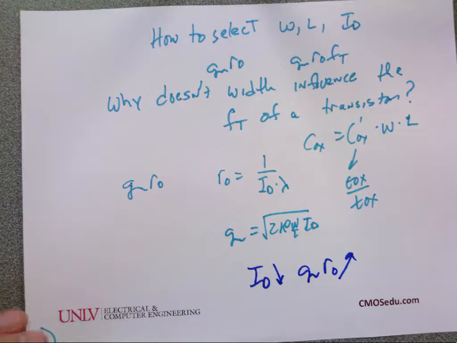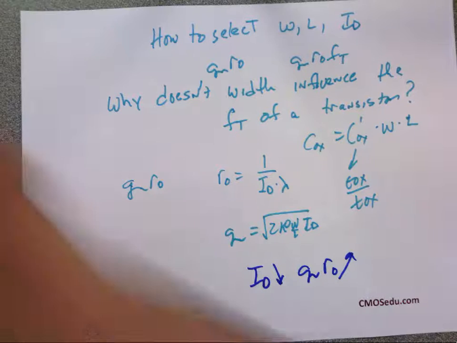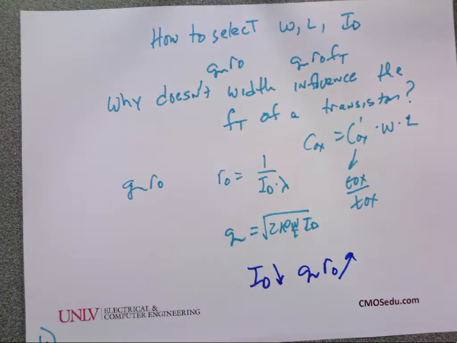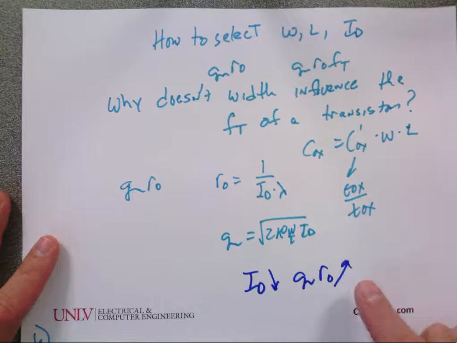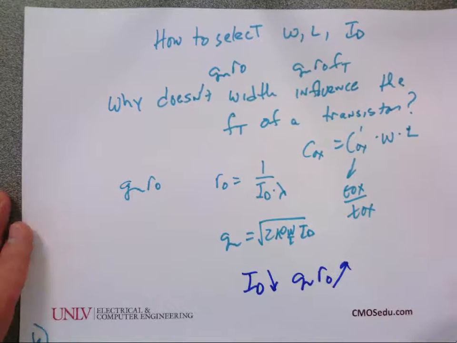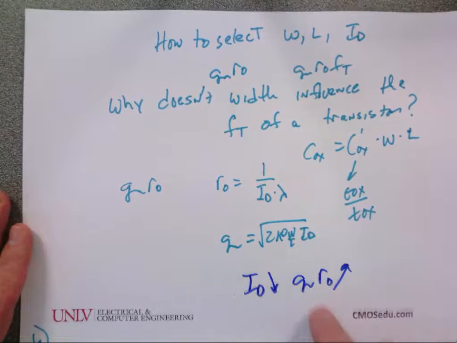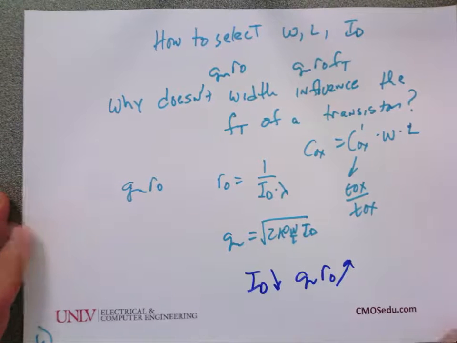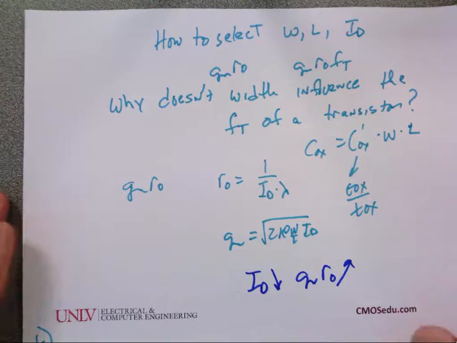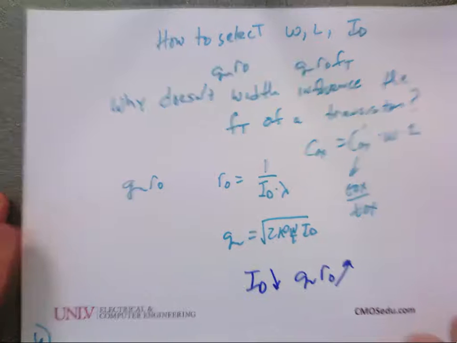Questions? Yes? To get more gain, we play with the length. So you can adjust something with the speed also? Yeah, make sure you study that section of the book and the past videos. But if they ask what happens to GM R out with ID, this is true. For the length, that's the only parameter you can adjust both the speed and the open circuit gain.